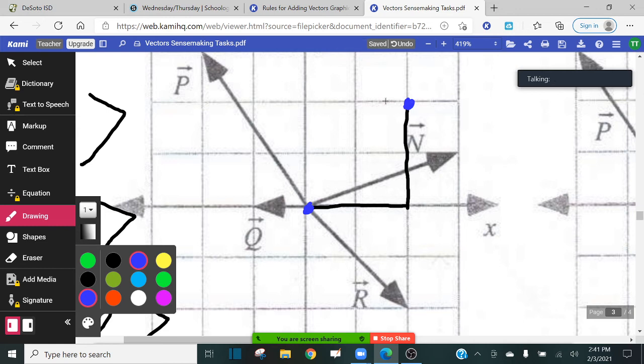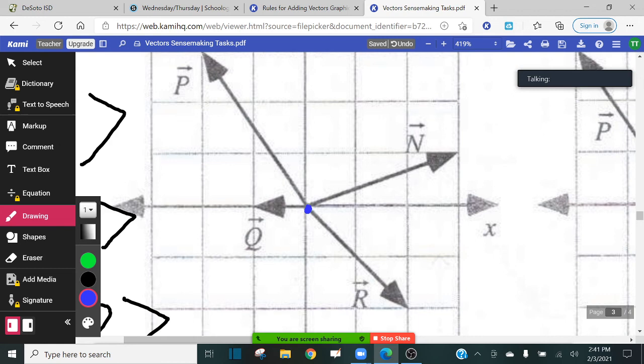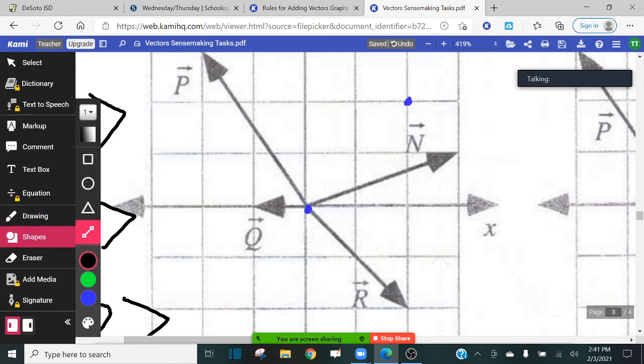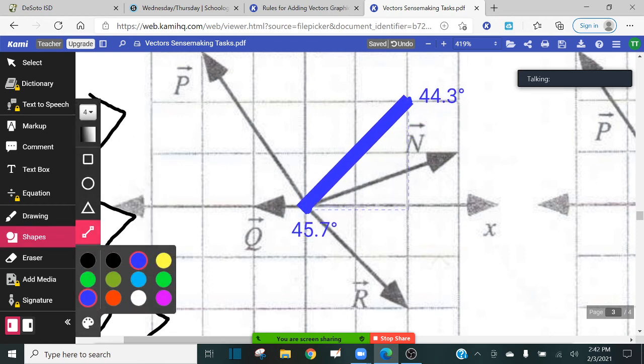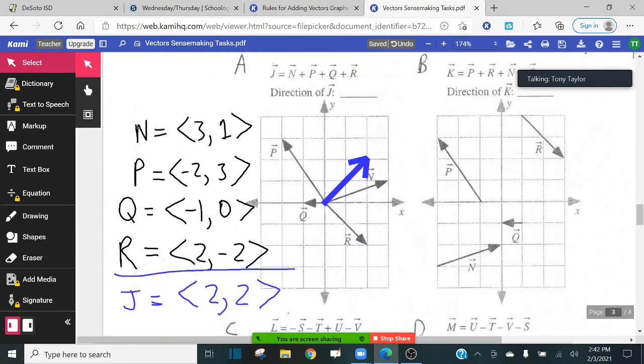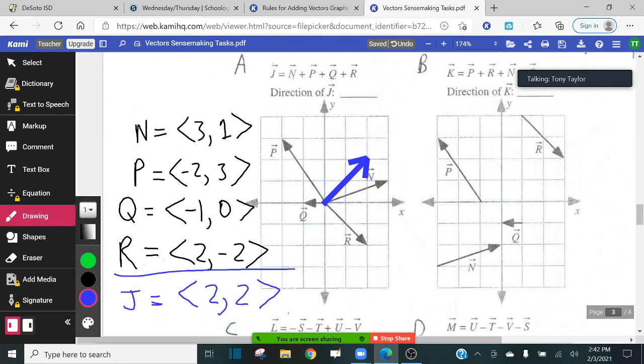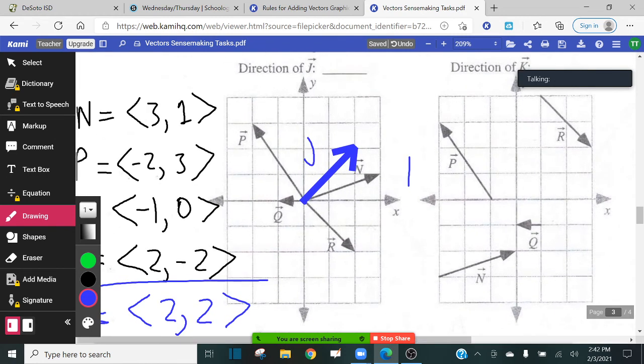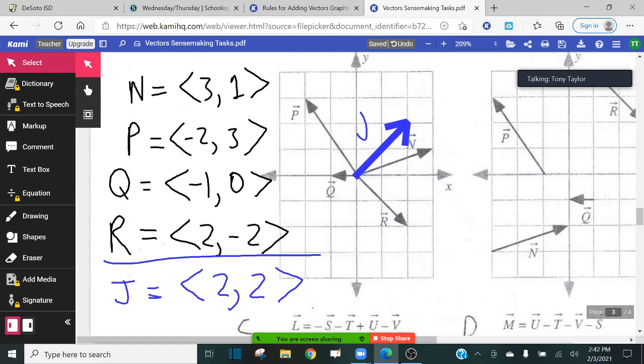Then from there, you just want to connect those dots, like that. Okay, guys, that vector that I just drew, that is the vector J. Everybody see what I did? The vector 2, 2 is the vector J.